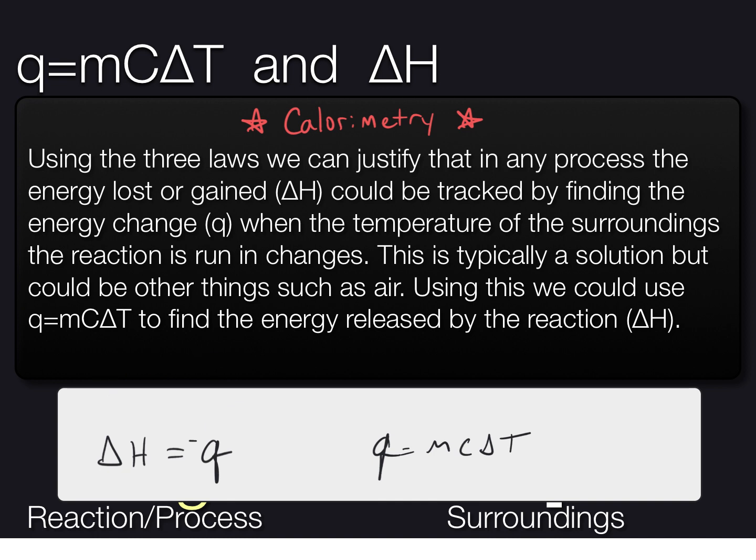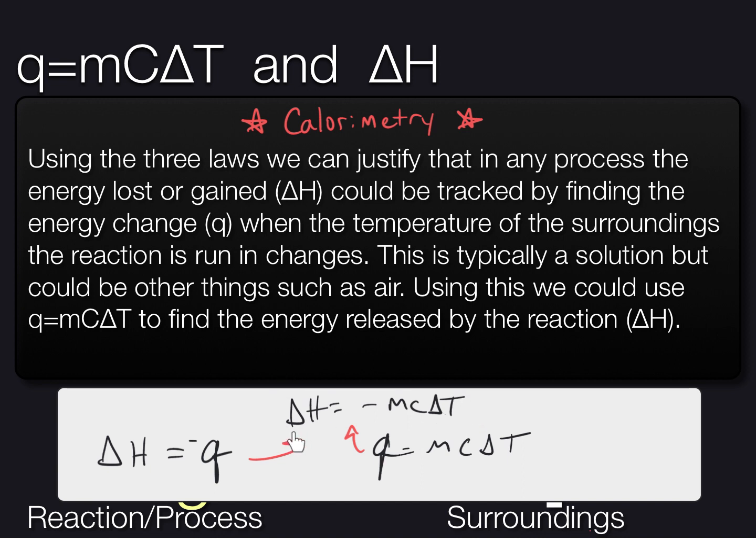And so we set up a situation where delta H is equal to negative mc delta T. Basically, what I've done here is I've taken Q equals mc delta T and substituted mc delta T in for Q, keeping the negative sign out in front, and we have delta H equals negative mc delta T. This is the calculation that we use for calculating how much energy is gained or lost in a chemical reaction, when it's equal to the energy gained or lost by the surroundings, with a specific mass, specific heat, and change in temperature.